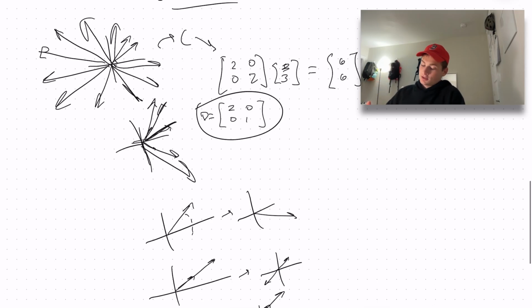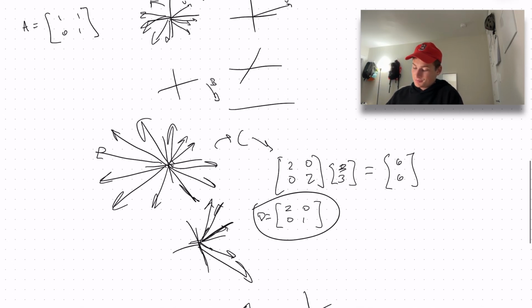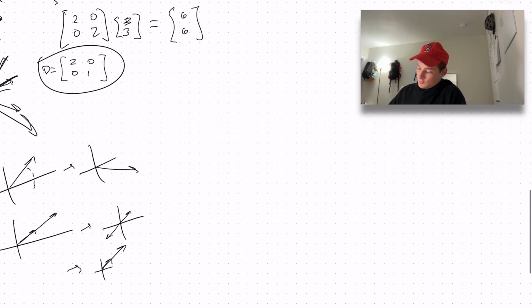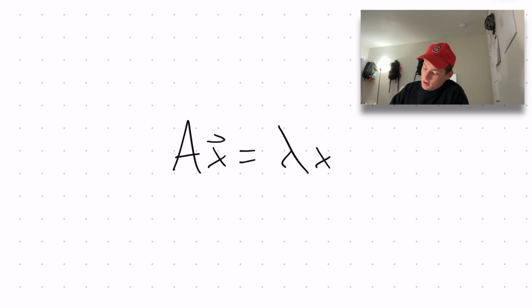So conceptually, it's not that hard. You're doing a transformation, and you're finding the vectors that don't rotate. They only scale. So this idea is summarized in this formula. You're applying A to this x vector, and that's the same as just scaling by this lambda.